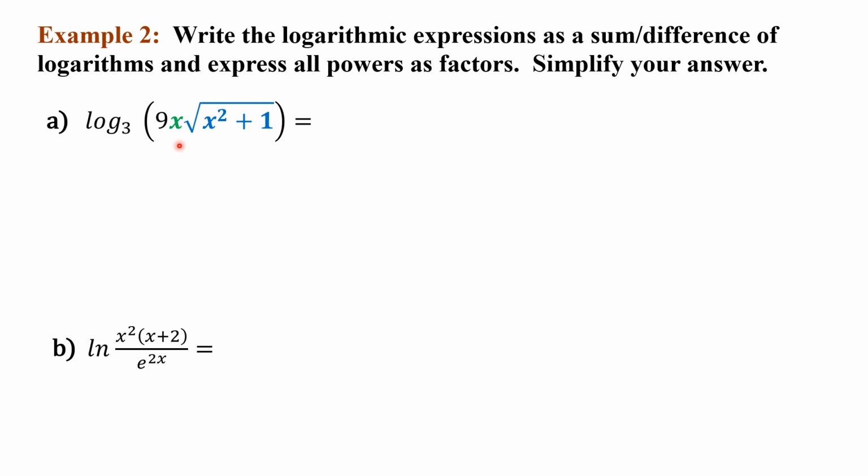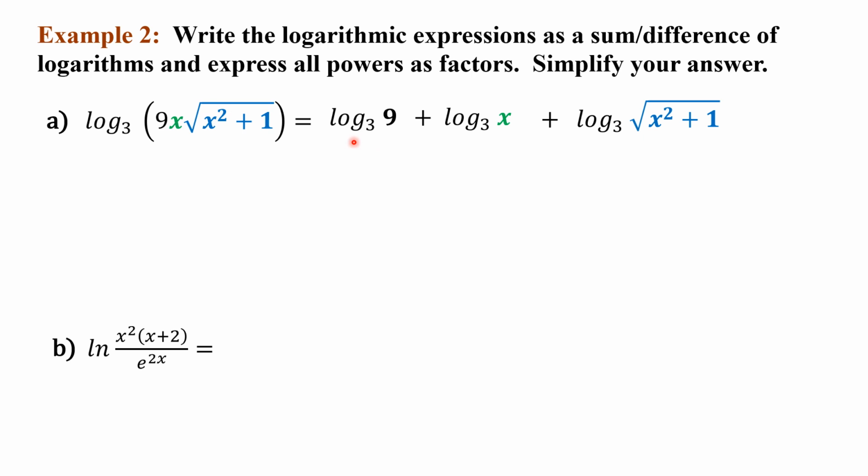So the first log is log 9 base 3. The second is for x, which is log of x base 3. And the last one is the square root of x squared plus 1, which is log of square root of x squared plus 1 base 3. The next, as it is mentioned here, we have to simplify our answer, meaning if we can evaluate the expression, we have to evaluate.